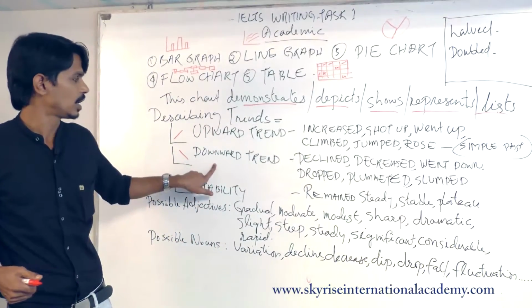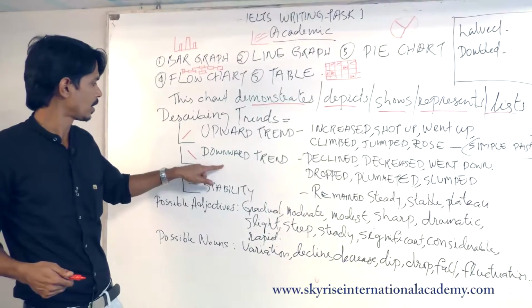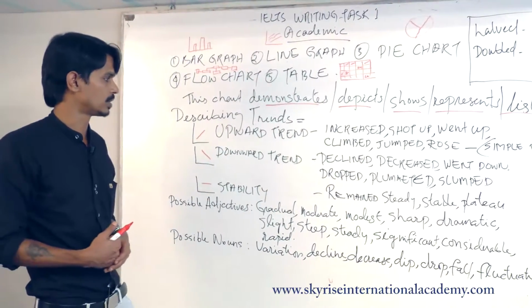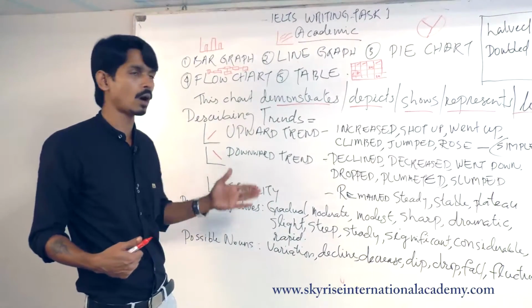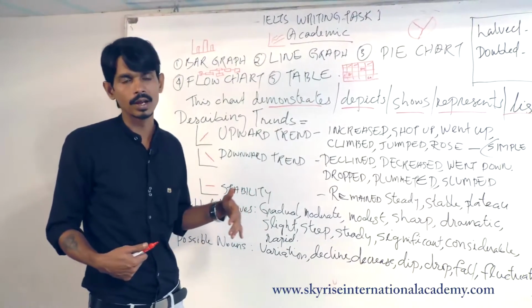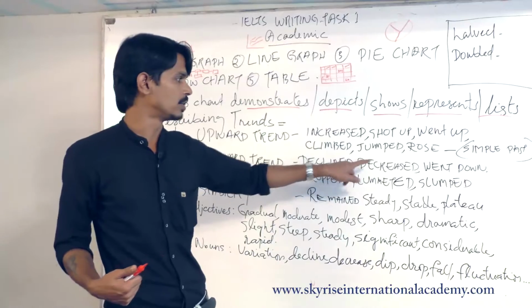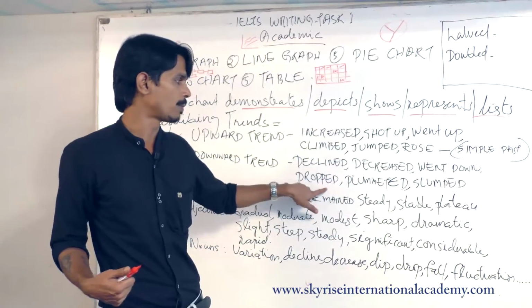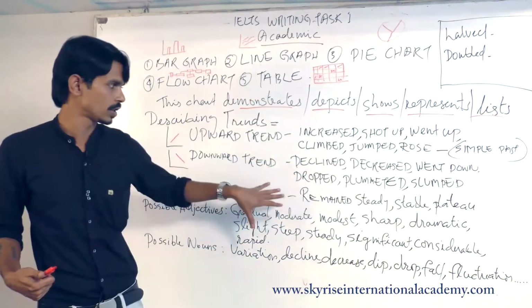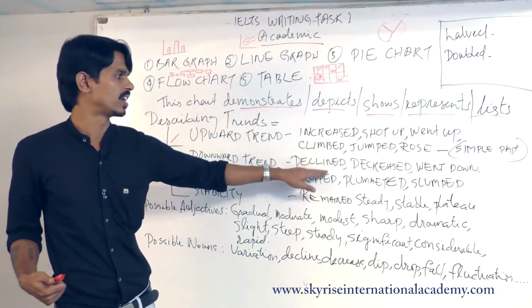And in this, in the second part, you will also be required to describe a downward trend, a decreasing trend. In that you could use declined, decreased, went down, dropped, plummeted, slumped. These are all alternatives for decrease.